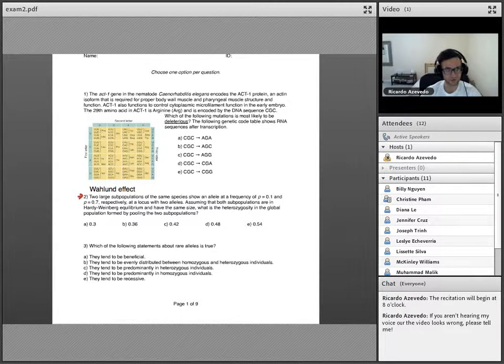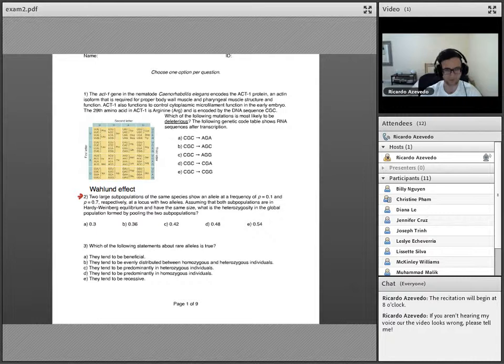So for the first population, let's call it P1, which is 0.1, because both are in Hardy-Weinberg equilibrium, heterozygosity would be 2pq, which is 2 multiplied by 0.1 multiplied by 0.9, which would be 0.18.